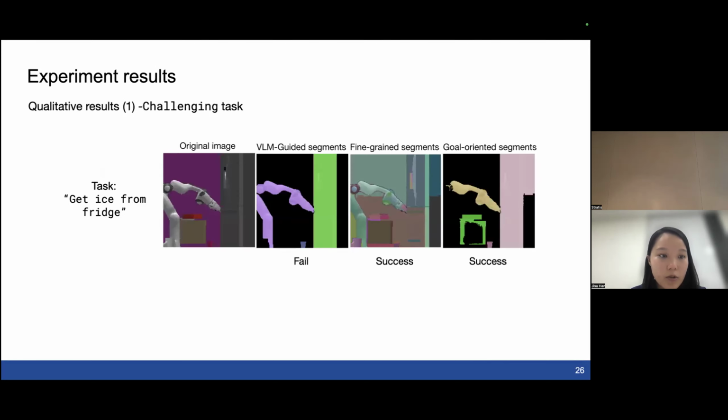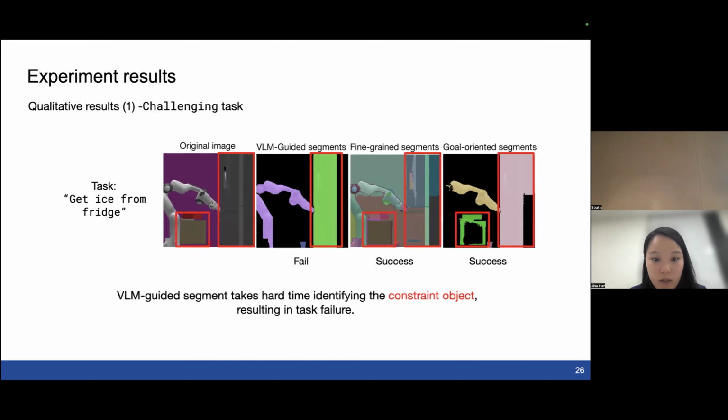So I also want to show you the qualitative results. We visualize the segments and compare them. They have to identify the shelves that are brown colored, and VLM-guided segments have a hard time identifying these kinds of constrained objects, and this will ultimately result in task failure.